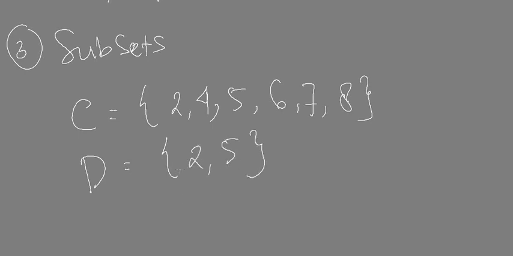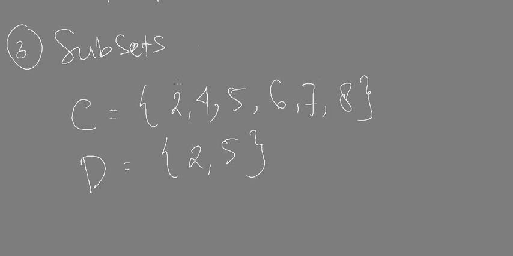Now what can you notice? The members of C are 2, 4, 5, 6, 7, 8, right? And the members of D are 2 and 5. Please notice that I always use curly brackets, and we always use uppercase or capital letters, okay?